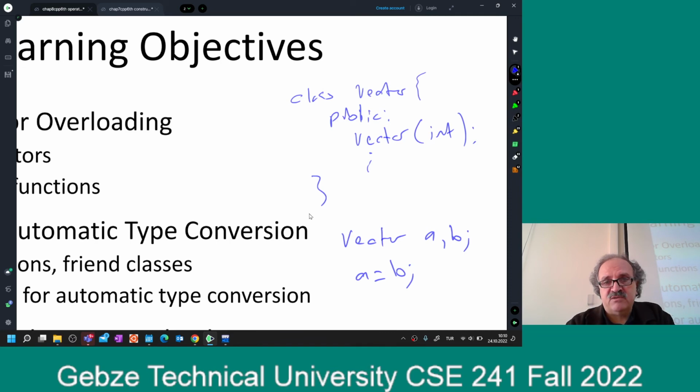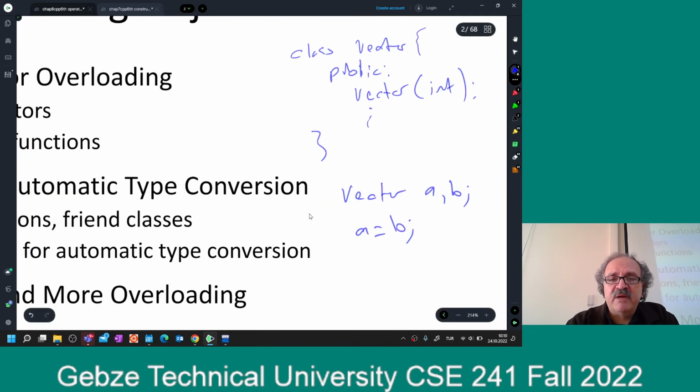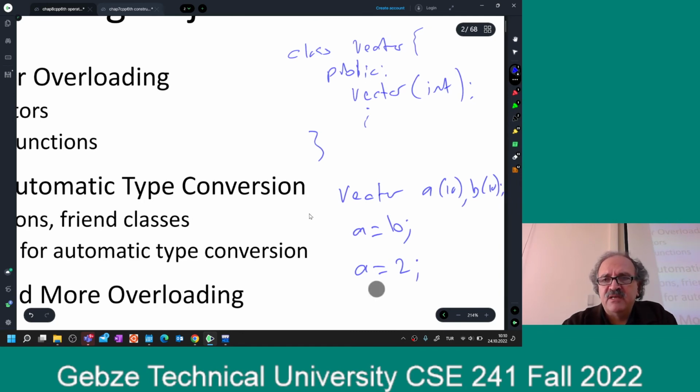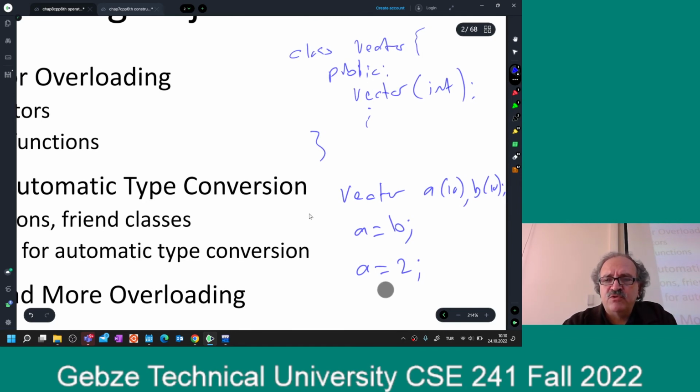Two vectors, no problem. How about this one? Do you want this to work? What does that mean? Let me make B size 10. I do the assignment. How about this one? Do you think that this should work or should not work?